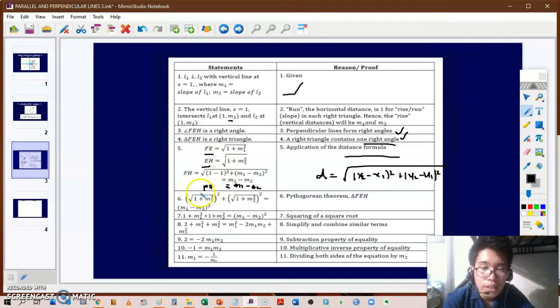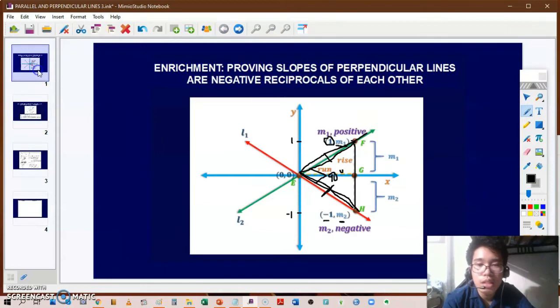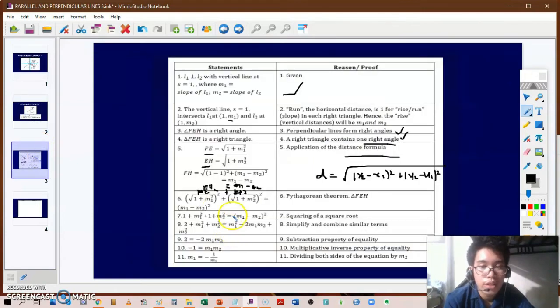That came from line segment FE squared plus line segment EH squared, which will be equal to the hypotenuse FH squared. That's why we squared m sub 1 minus m sub 2, using the Pythagorean theorem.